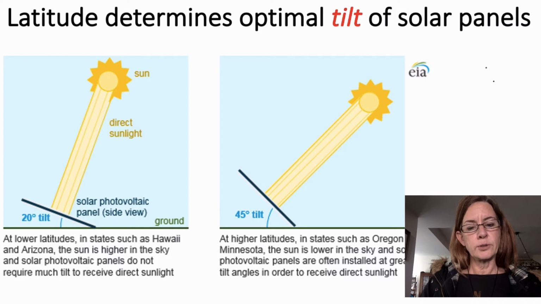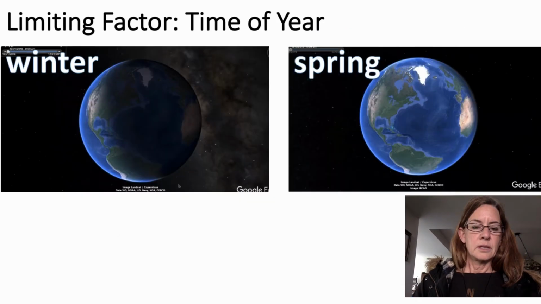And even though you can tilt your angles to get the direct sunlight, that sun's energy is still spread out a bit more. So you're not going to get quite as much solar energy from your solar panels at higher latitudes.